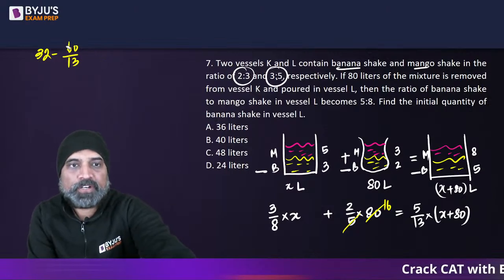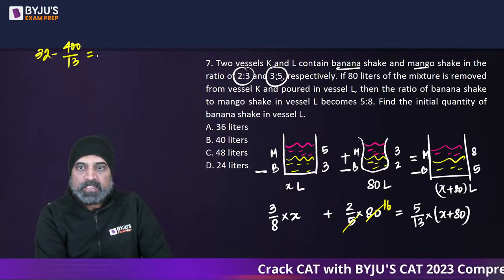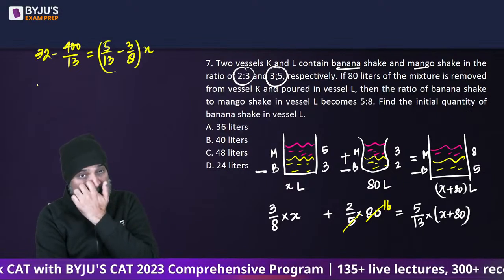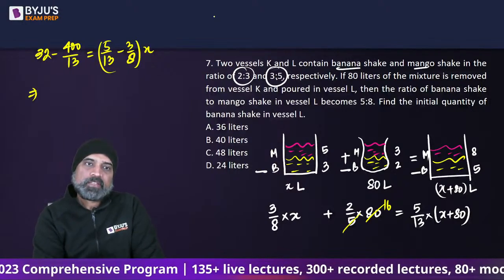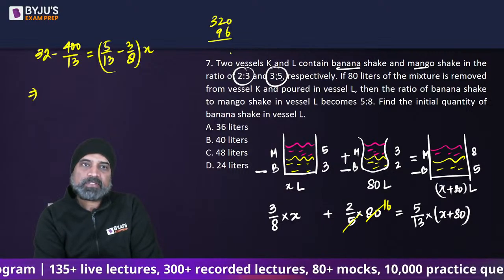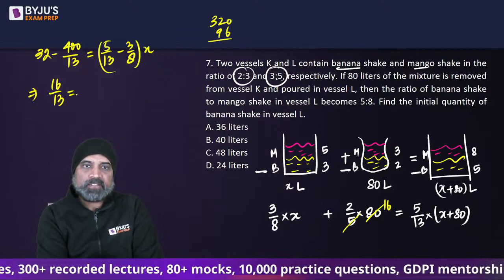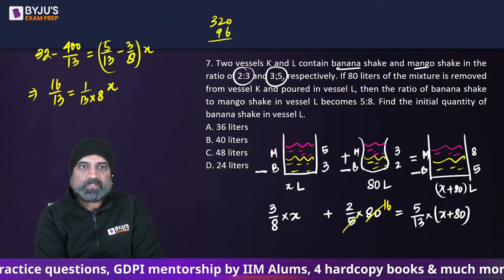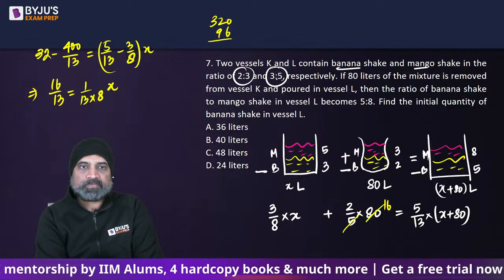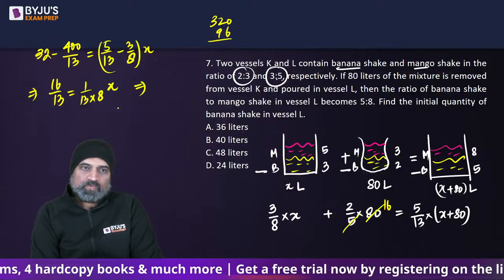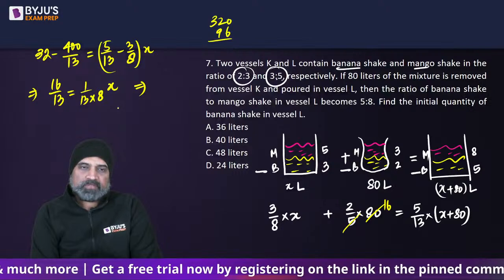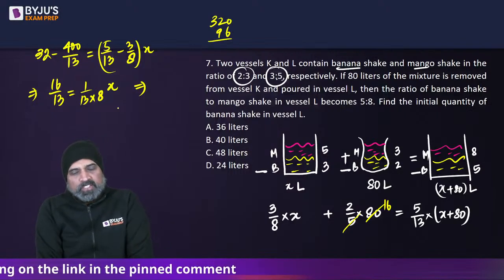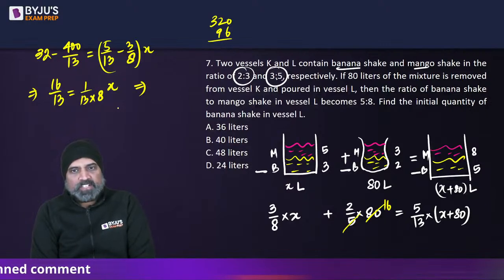No, sorry, 8 into 5 is 40, so 400 by 13 is equal to 5/13 minus 3/8 times X. So we will have 16/13, 40 minus 39, 1/13 into 8 into X. We have 39, and we have 16 into 5, 80.